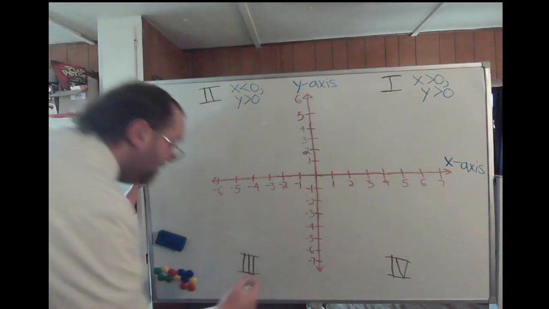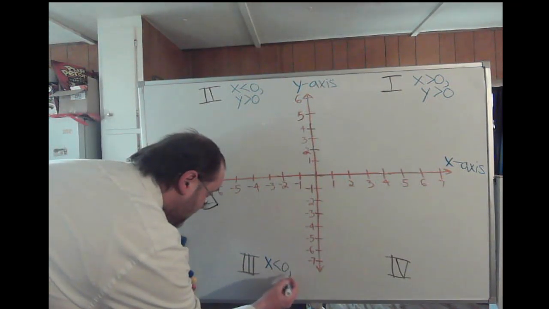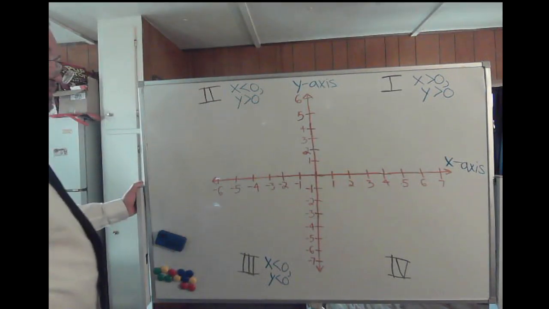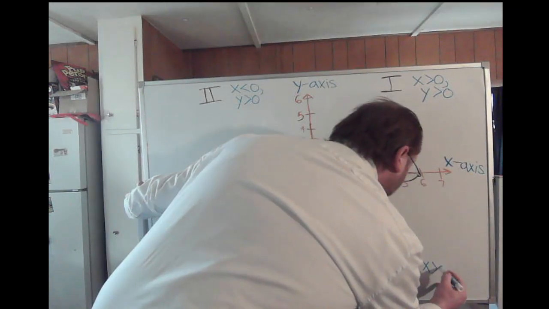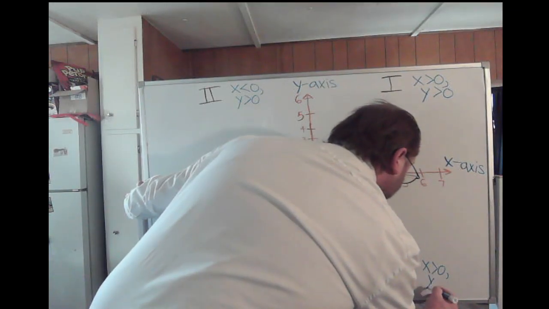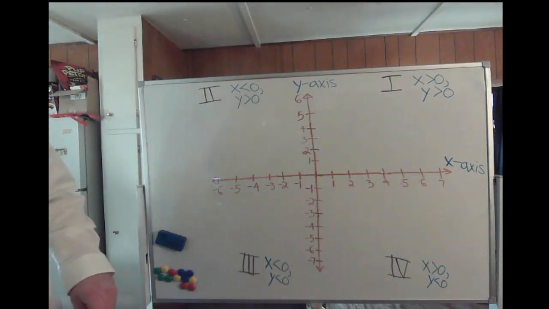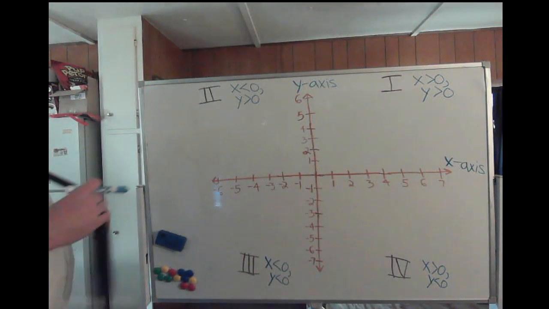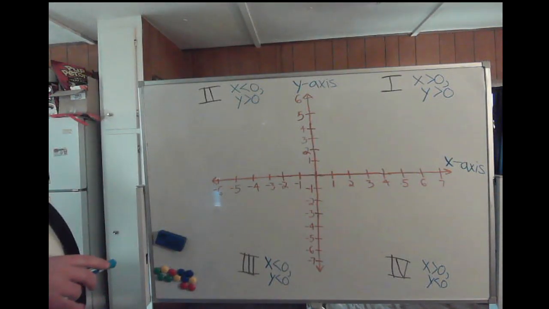Then in the third quadrant, both are negative. x is less than 0 and y is also less than 0. Then in the fourth quadrant, your x is always positive, but your y is always negative, because x is greater than 0, y is less than 0. So that's how you can also know what quadrant something lies in.